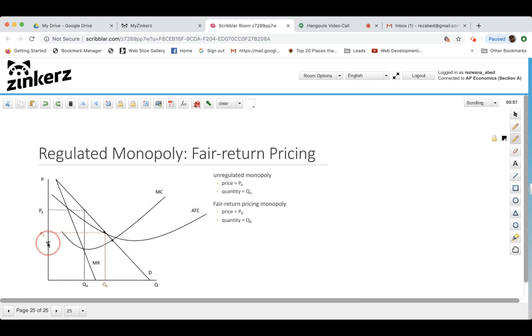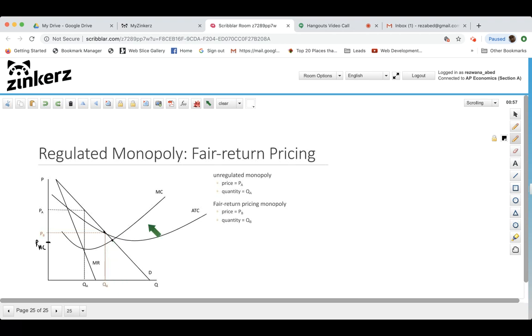So that price would be here. Let's say this is P marginal cost. Remember, we talked about two different ways that they regulate monopoly. This PB is fair return pricing, where demand is equal to average total cost. And this one is where demand and marginal cost intersect.